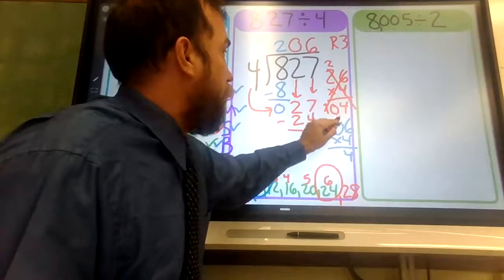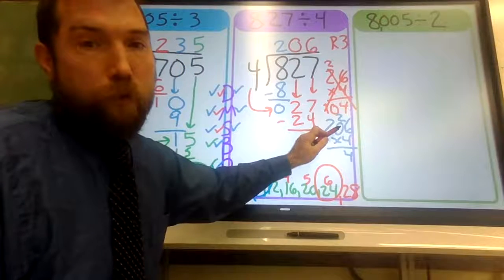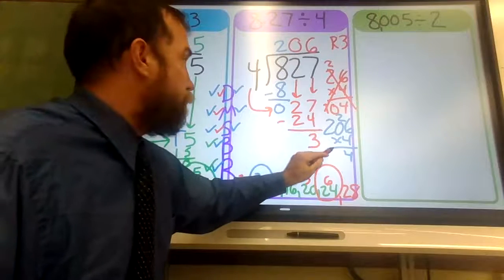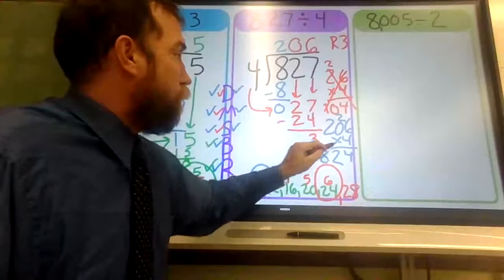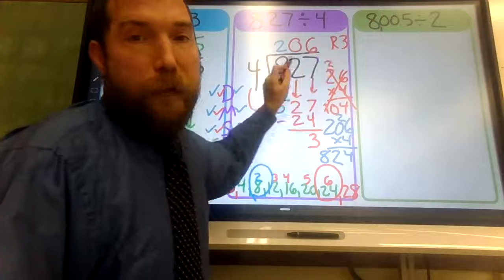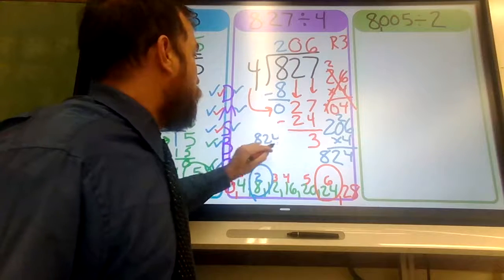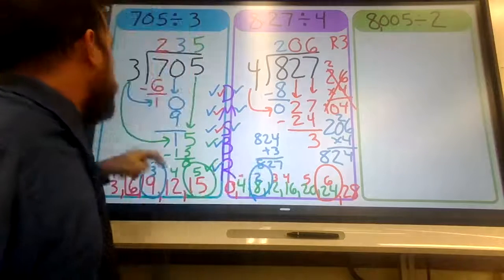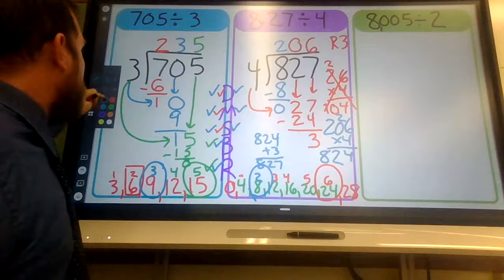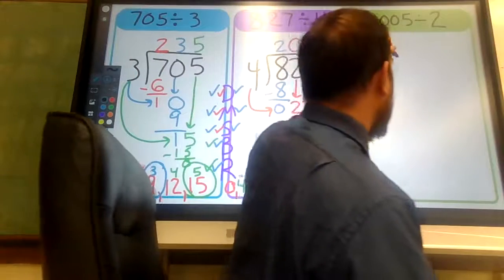The 2 carries over. 4 times 0 is 0, plus 2 is 2. And then 4 times 2 is 8. I didn't quite get all the way back to 827. I got close because I need to still add the 3 back on. There's my 827. Okay, and then this one will have a combination of both.